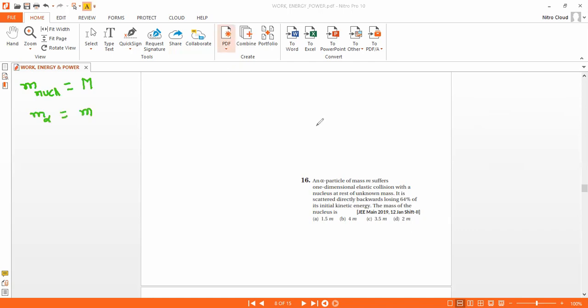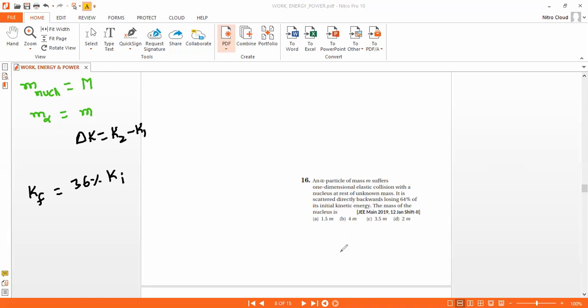Now, whenever energy is lost, we have a direct formula. Since it is an elastic collision, the change in energy is delta K equal to K2 minus K1. Since 64% is lost, the final kinetic energy is equal to 36% of the initial kinetic energy.